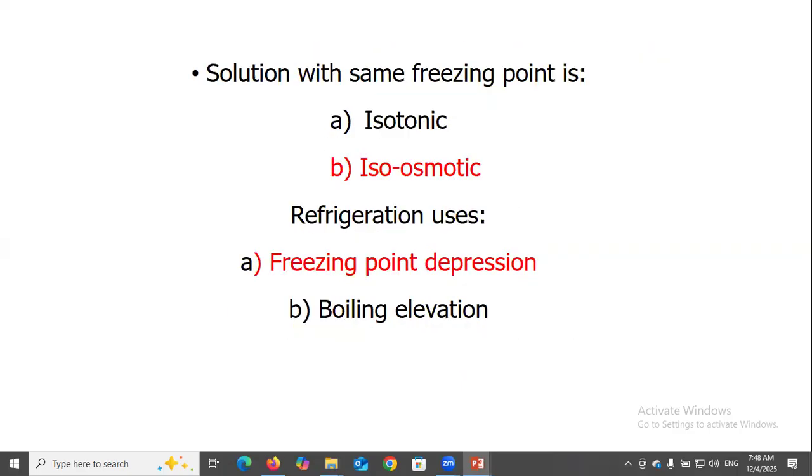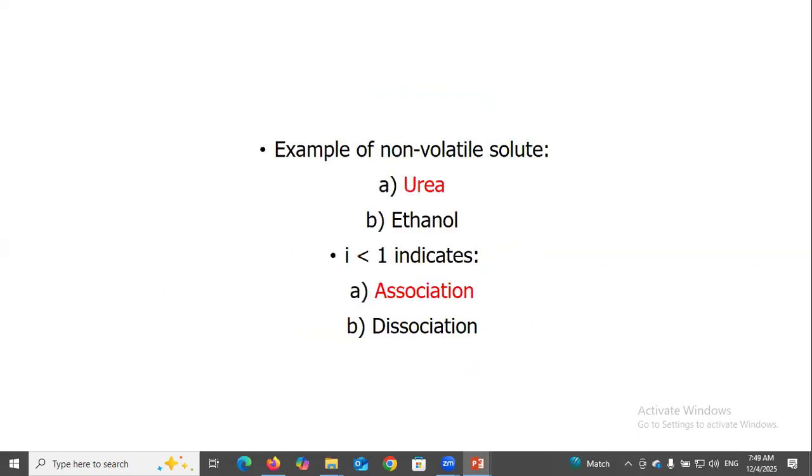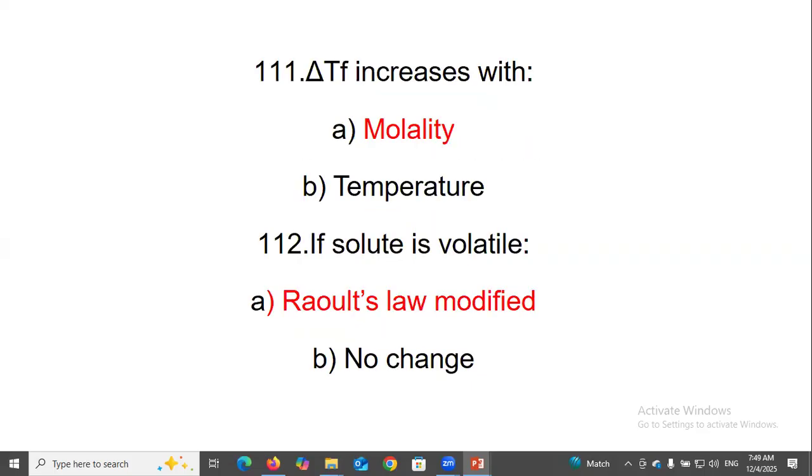Solutions with the same freezing point are isoosmotic. Refrigeration uses freezing point depression. An example of a non-volatile solute is urea. A value of i less than 1 indicates association. Delta Tf increases with molality.